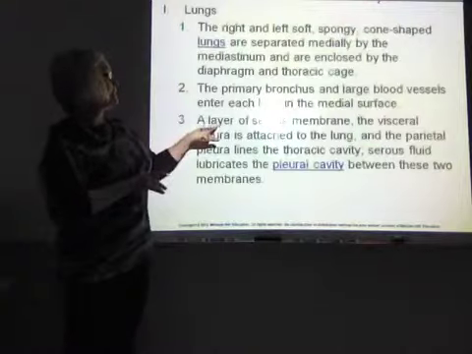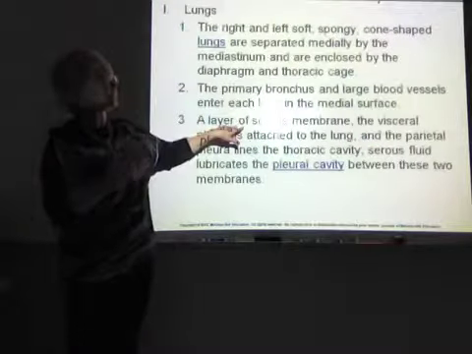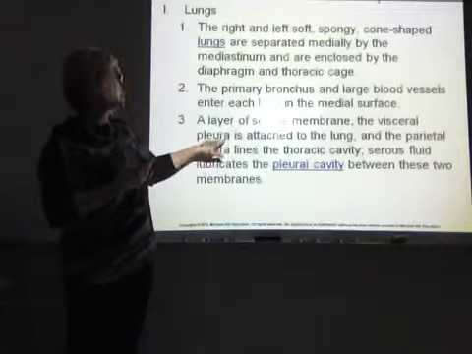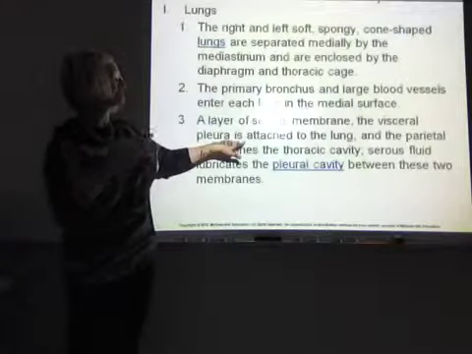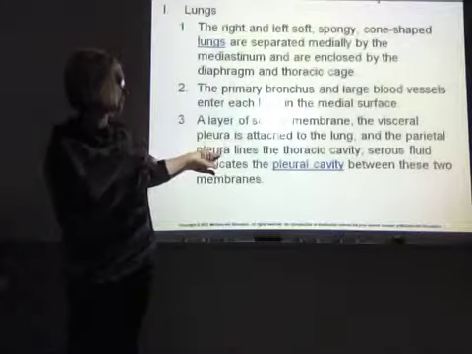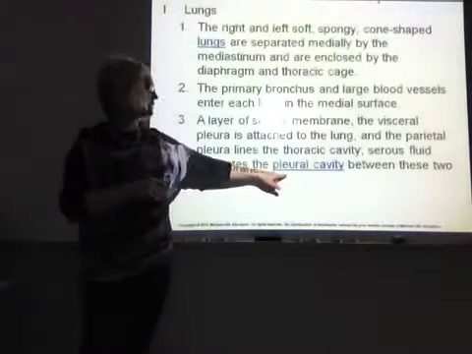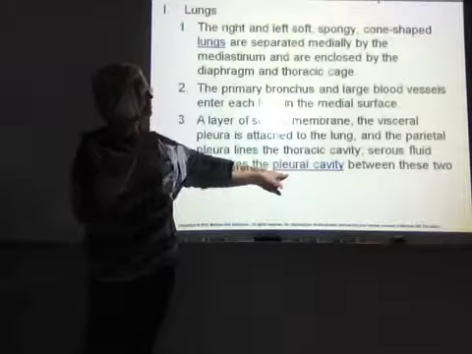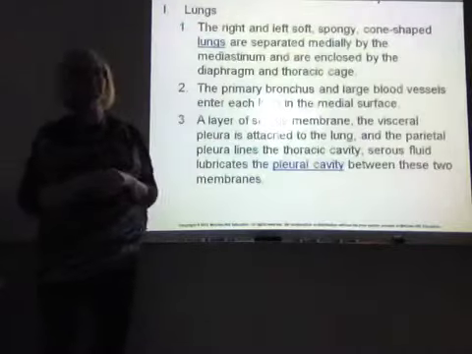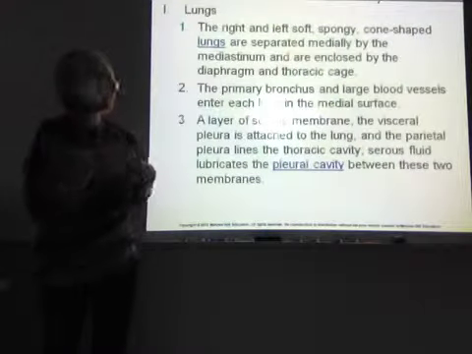A layer of serous membrane, the visceral pleura, is attached to the lung, and then the parietal pleura, like I said, is on the outside, and then that pleural cavity in between has that serous fluid that helps to prevent friction.